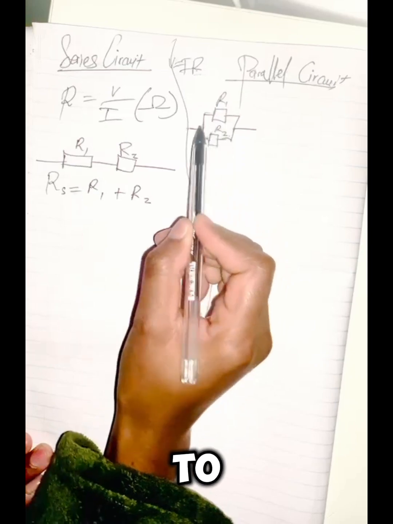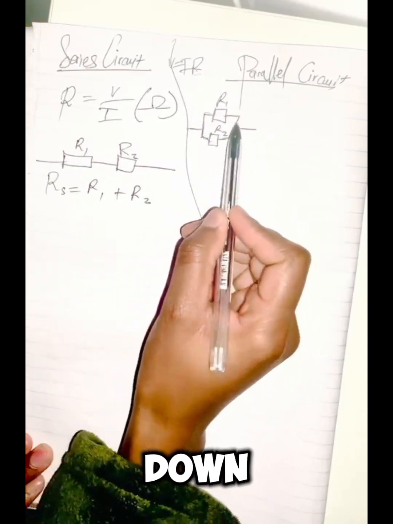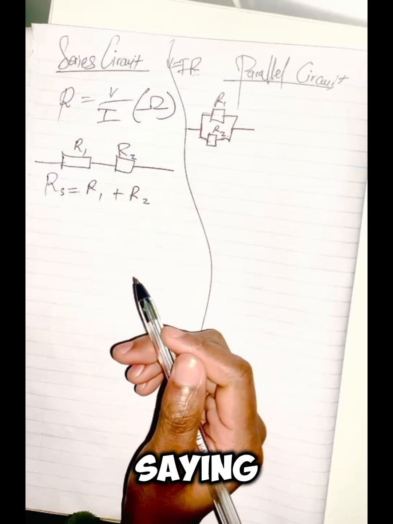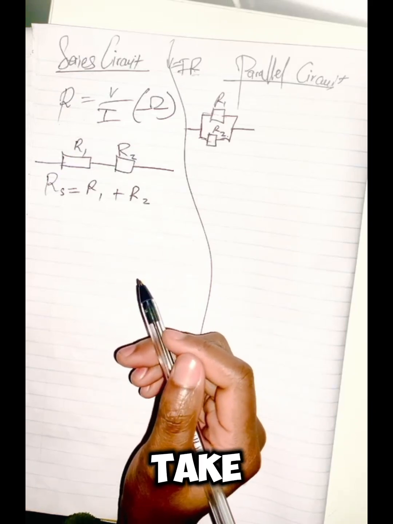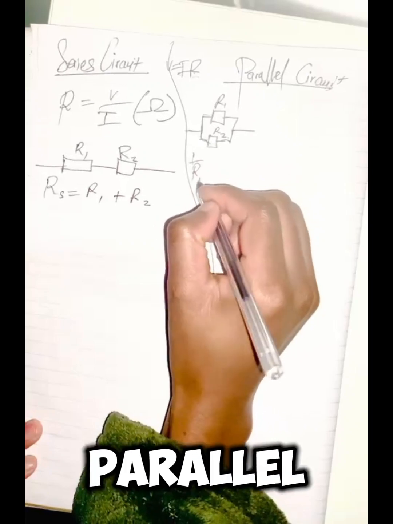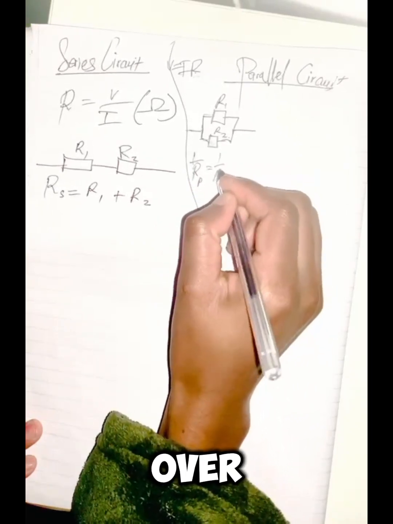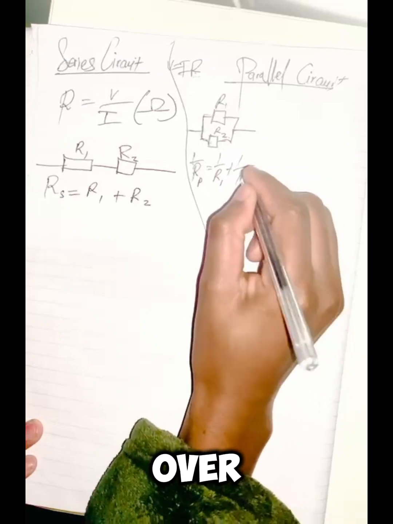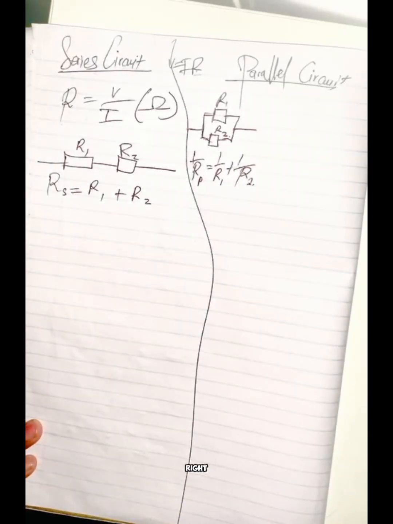Another part is going to go in this direction, another will go down, but then at the end they will come together, right? So we're going to take the inverse. So 1 over R in parallel must be equal to 1 over R1 plus 1 over R2, right?